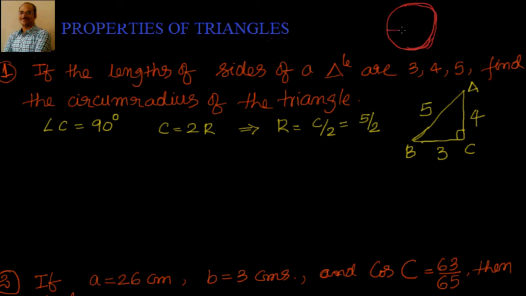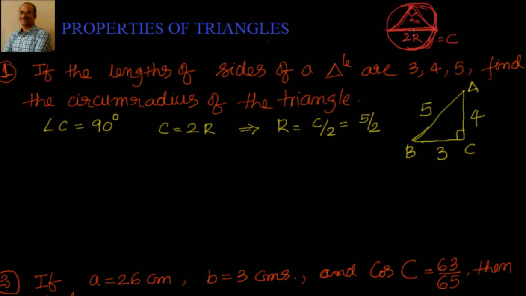So I should have it like this, and this angle is 90 degrees. This is nothing but the diameter, and the diameter of the circle is equal to 2R. But we also know that the hypotenuse is equal to c. So we know c equals 2R, therefore R equals c by 2, or 5 by 2.